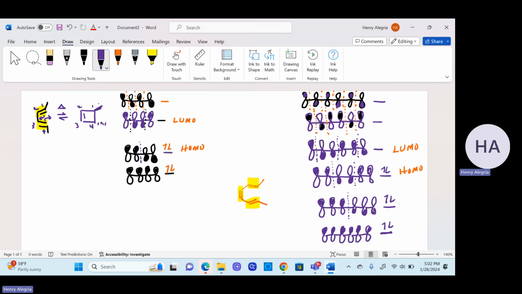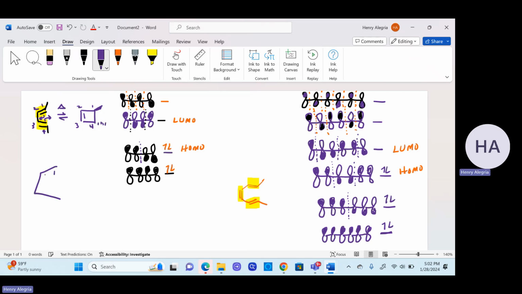So notice that the HOMO here has 2 shaded up and it has 2 shaded down. So we could show this like that, right?